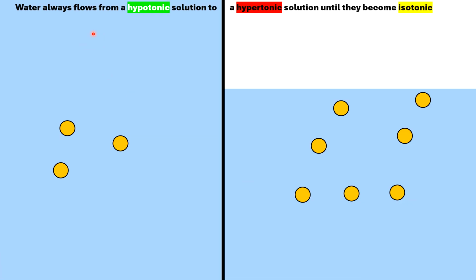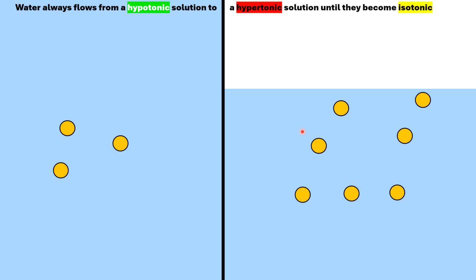Now, water always flows from hypotonic solutions. Okay, imagine this left side is hypotonic, to hypertonic solutions until they become something called isotonic. Okay, this is going to make sense in a second. So remember, water flows from the high water potential, there's more water on this side, to the low water potential.